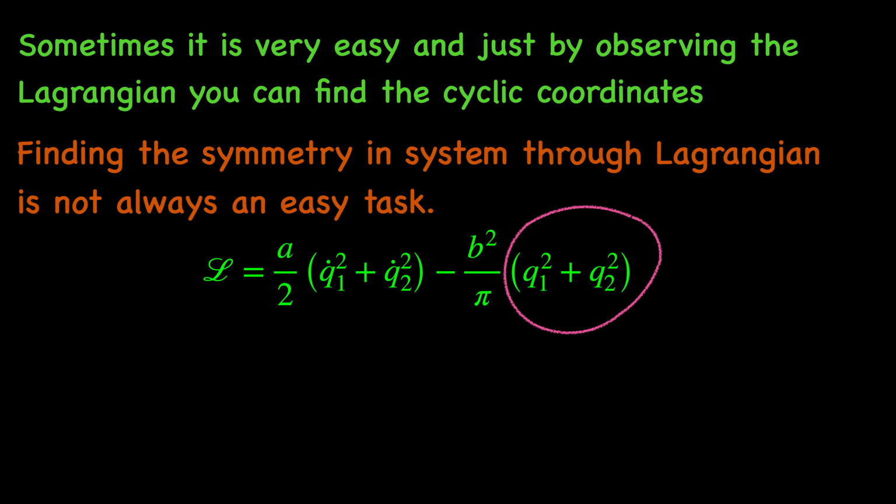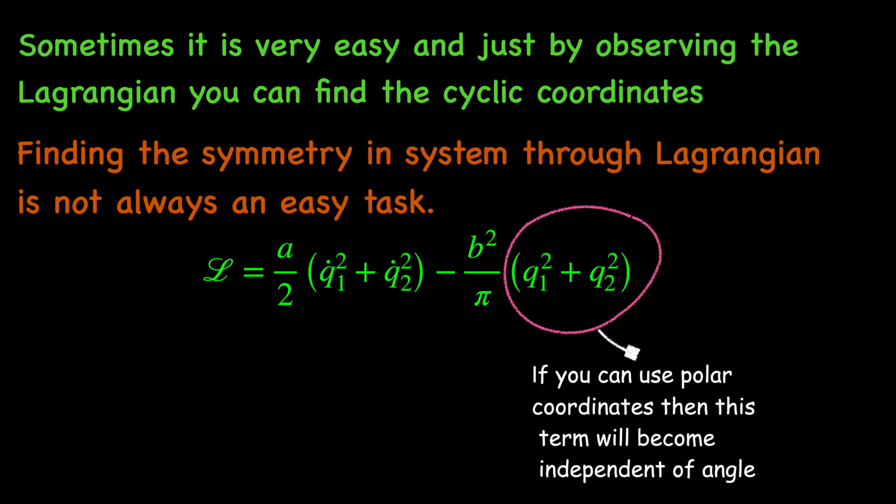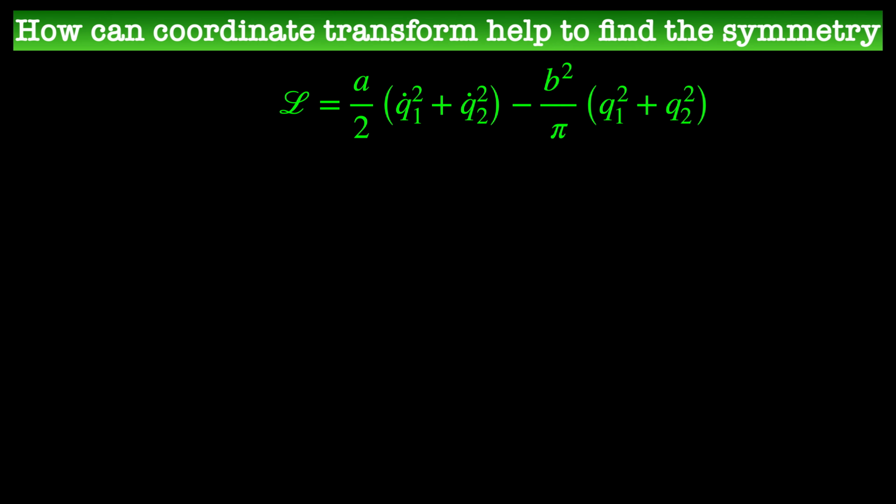So if you try to transform it to polar coordinates, maybe there will be some term which does not contain the angular part. So let us have a try. Our Lagrangian was this. Let us choose a coordinate transformation so that q1 becomes rho cos phi, where rho and phi are your new generalized coordinates.